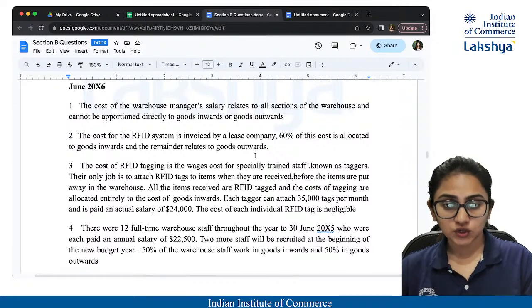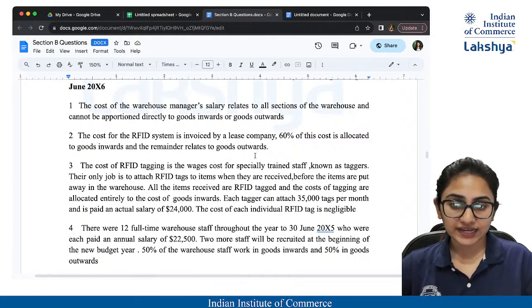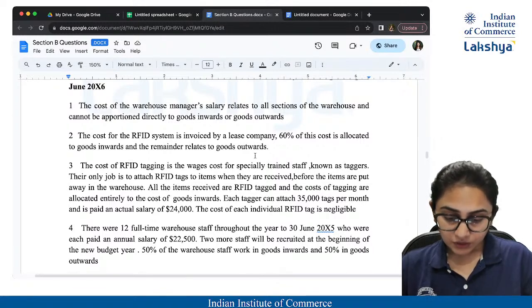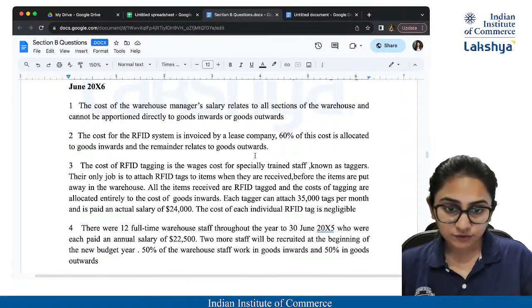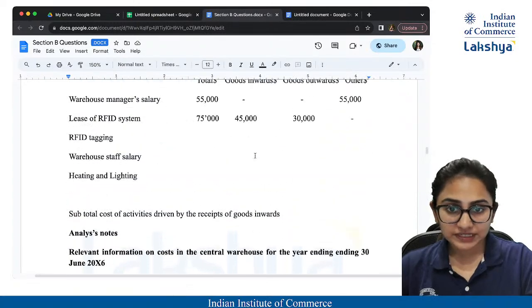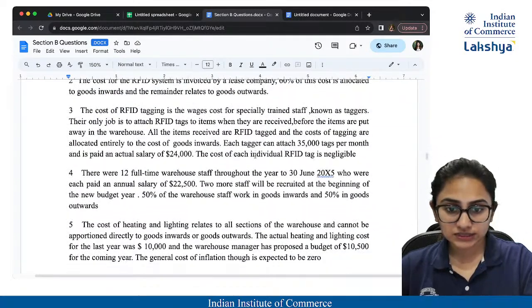Their only job is to attach RFID tags to items when they are received before the items are put away in the warehouse. All the items received are RFID tagged, and the cost of tagging is entirely allocated to the cost of goods inward. So each tagger can attach 35,000 and is paid an actual salary of 24. The cost of each RFID tag is negligible. What is the expected volume of items which is received?